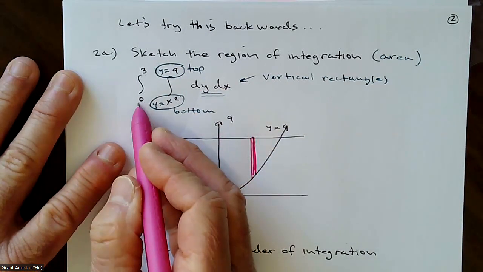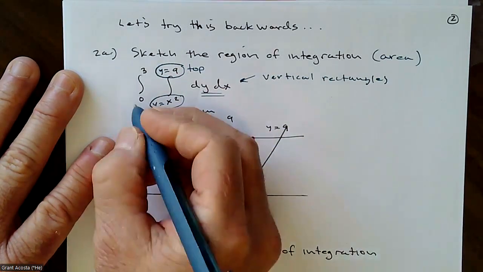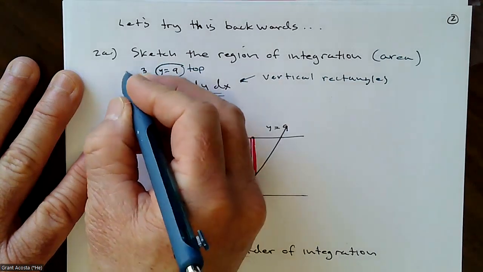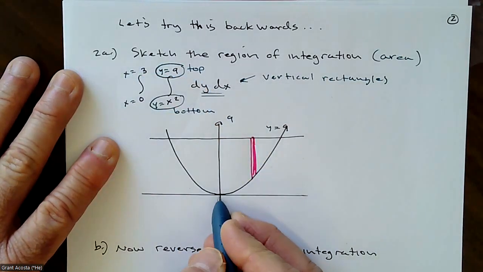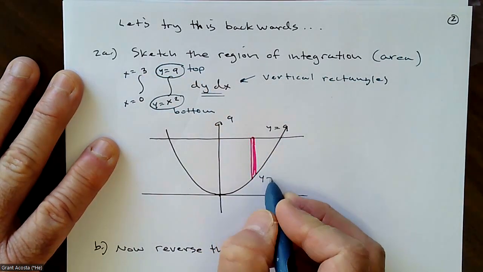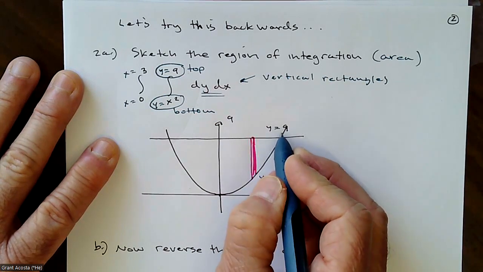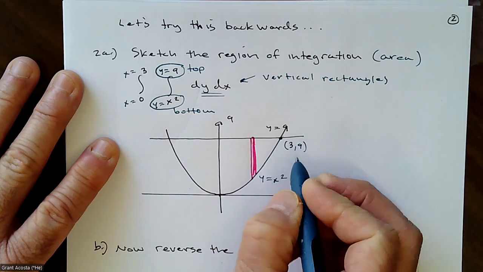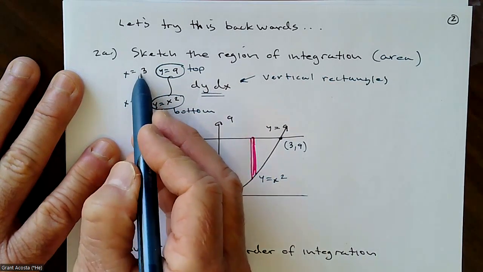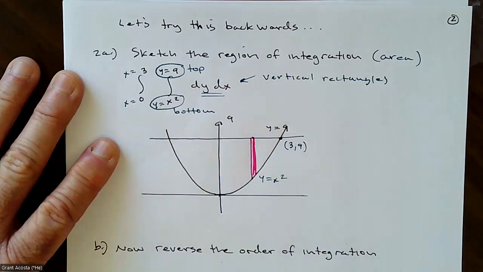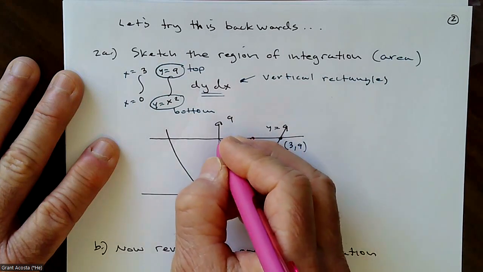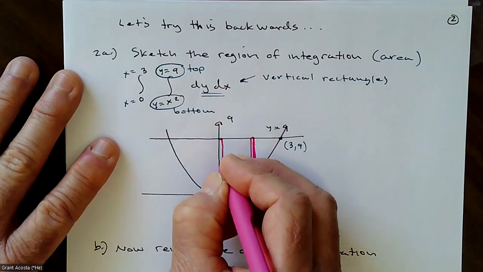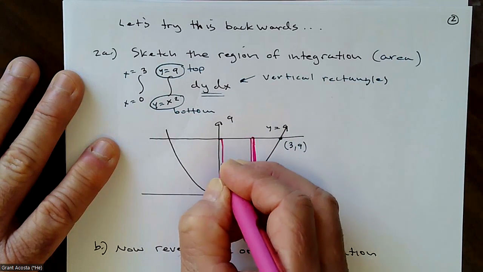But I also have to pay attention to my outside limits because this says I want to keep my x values between 0 and 3. And you'll notice that y equals x squared and y equals 9 actually intersect. This point right here would be 3, 9. So because my limits are from 0 to 3, the leftmost rectangle I want is right here at x equals 0.